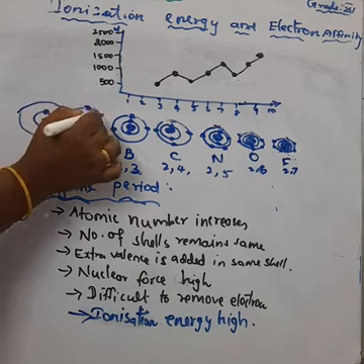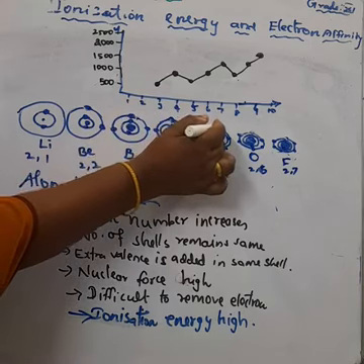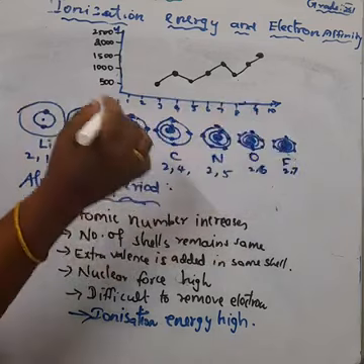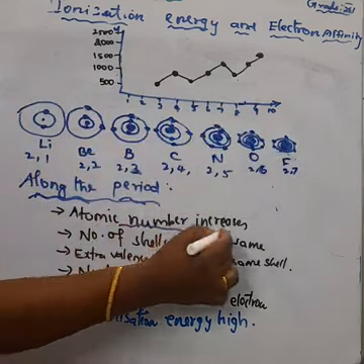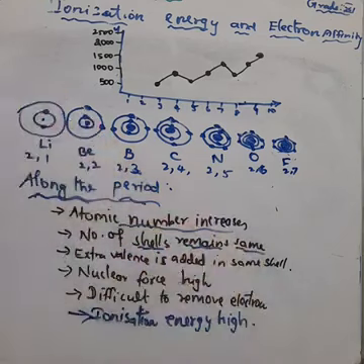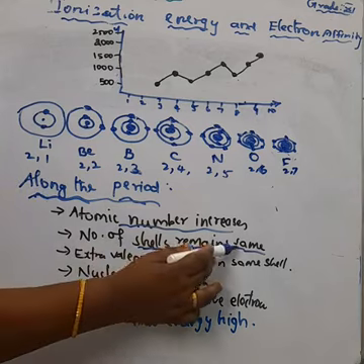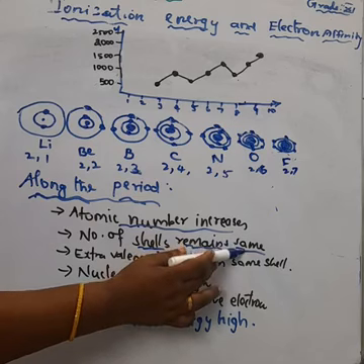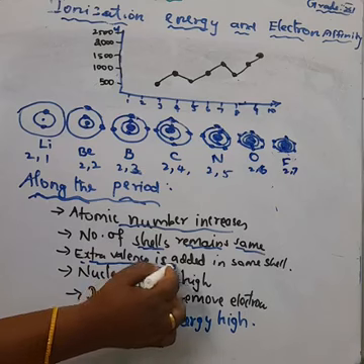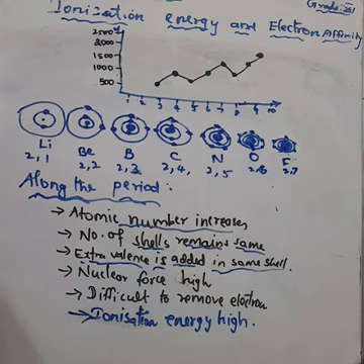We know that as we move from left to right, the atomic number increases, but the number of shells or orbits remains the same. So the extra valence electrons occupy the same shell.